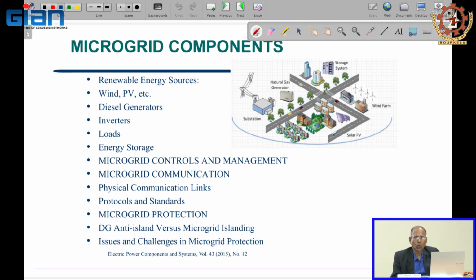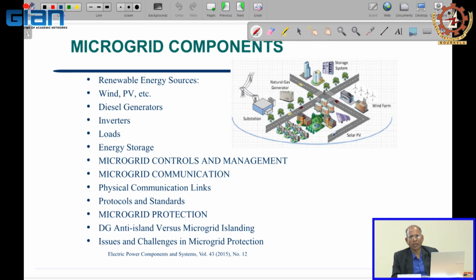So, how many of these features you will have in the microgrid will also depend upon the size of the hybrid power system. For example, if you have a very small size of diesel generator, you will have just some basic functions for the control.